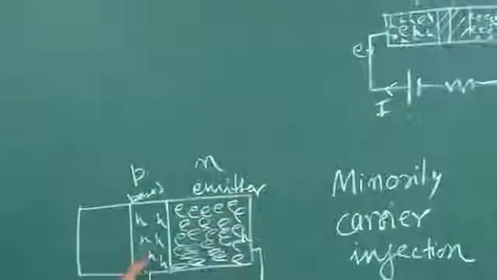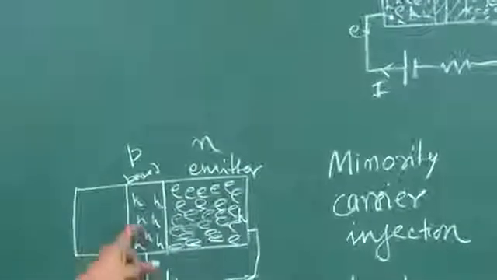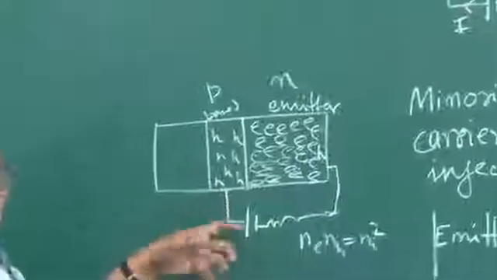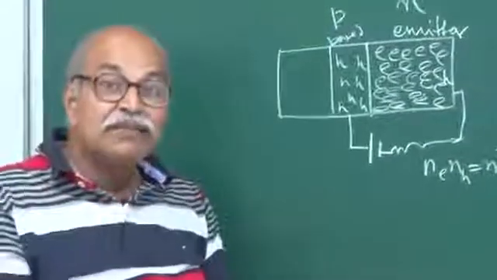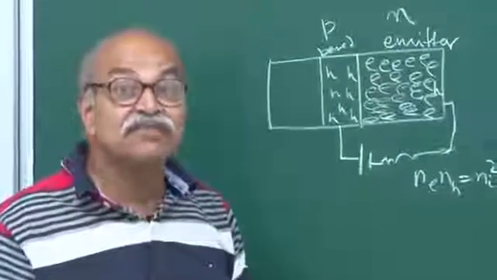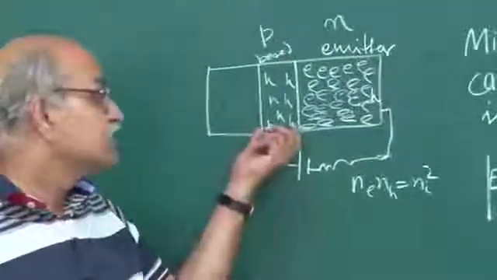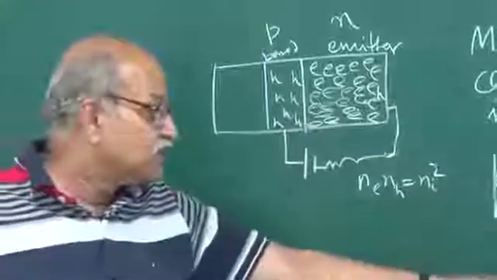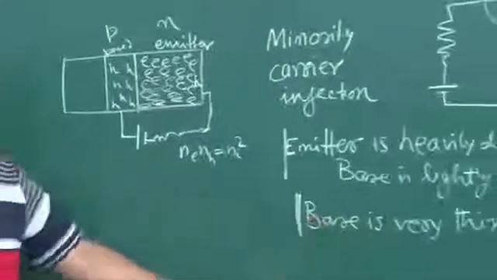Okay, so this IB, the current in this base region, is because of this recombination, but that probability of recombination is very small because of this low thickness, because of this fact that base is very thin.